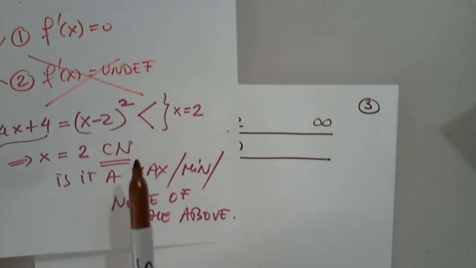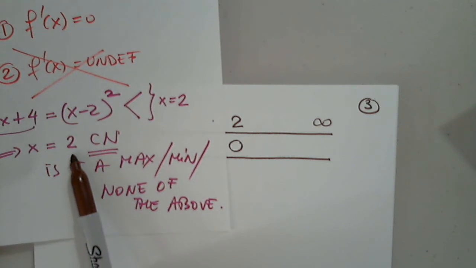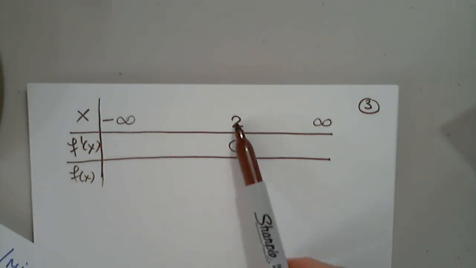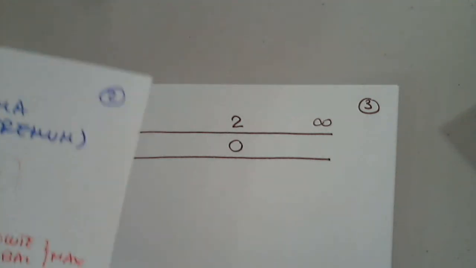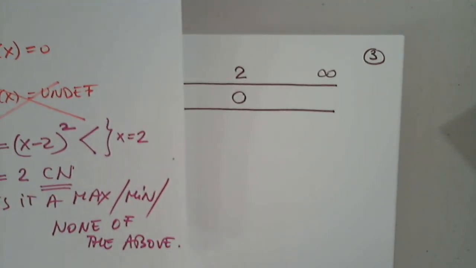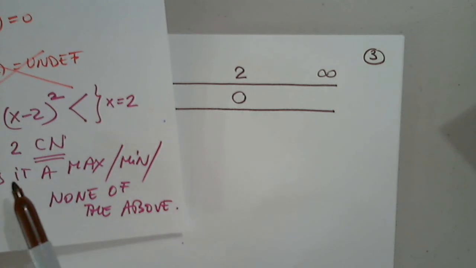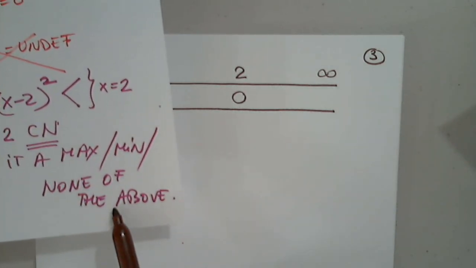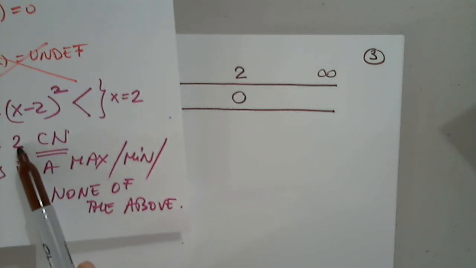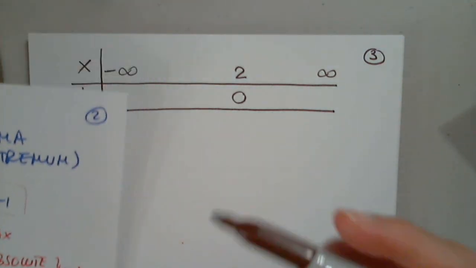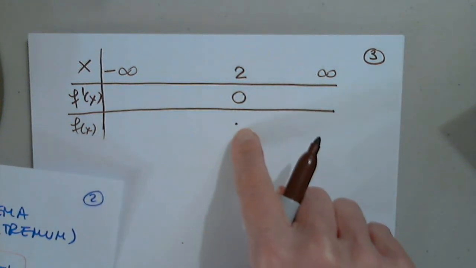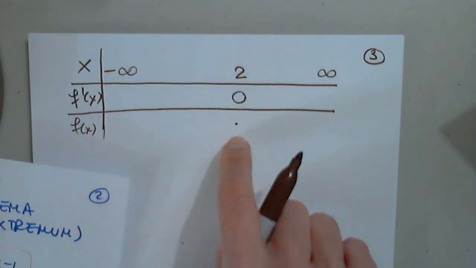The first derivative is 0 when x is 2. Then we are trying to identify whether this is a max or a min or none of the above. I will have to plug in 2 in the original function.